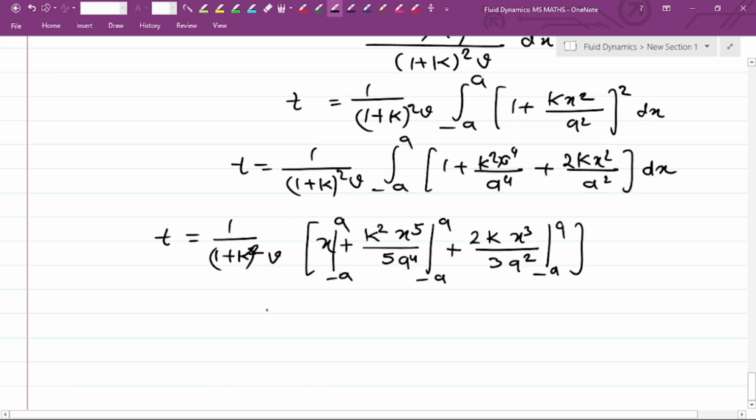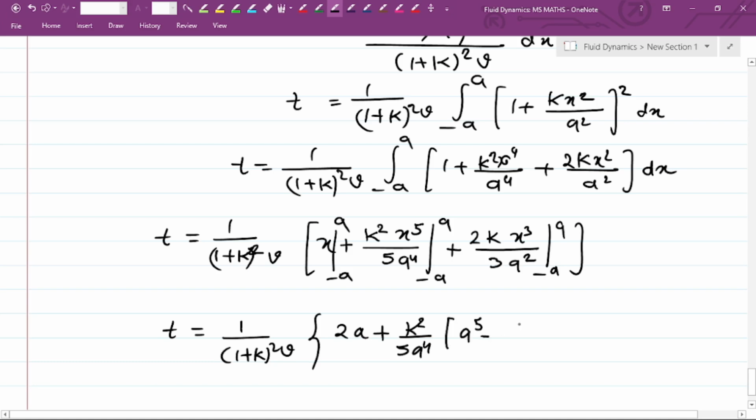Now t equals 1 upon 1 plus k whole square into v, times 2a plus k square upon 5a power 4, into a power 5 minus minus a power 5, upper limit minus lower limit, plus 2k upon 3a square into a cube minus minus a cube.